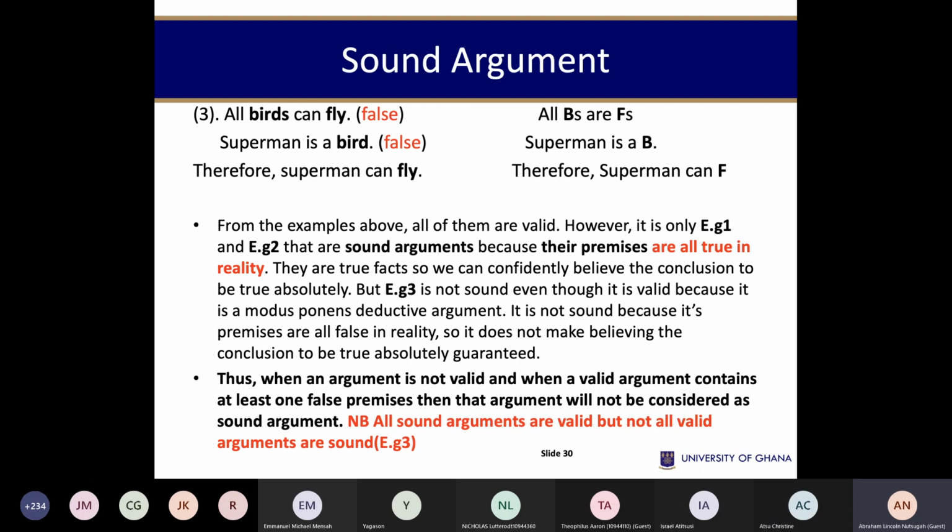Who can tell me the type of syllogism this third argument is? You can just put your hand up. Emmanuel. Michael Mensah, I see your hand up. You want to talk?